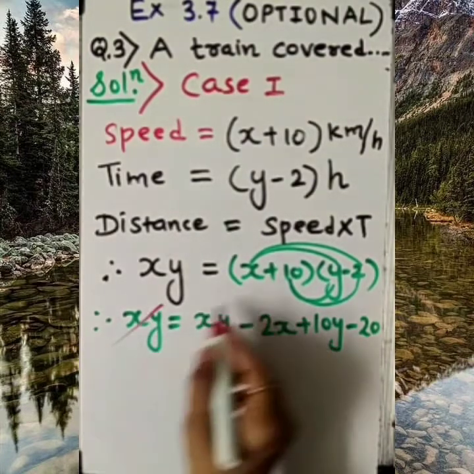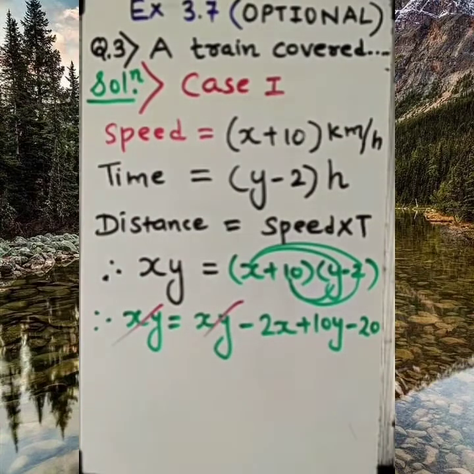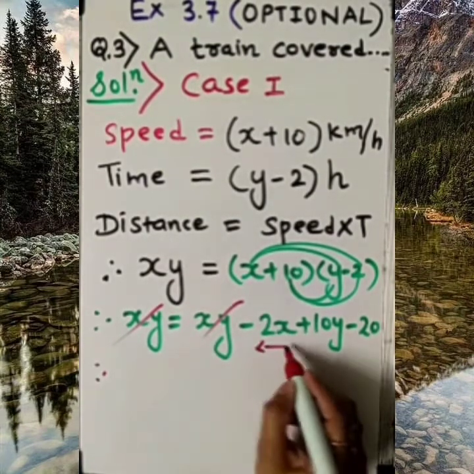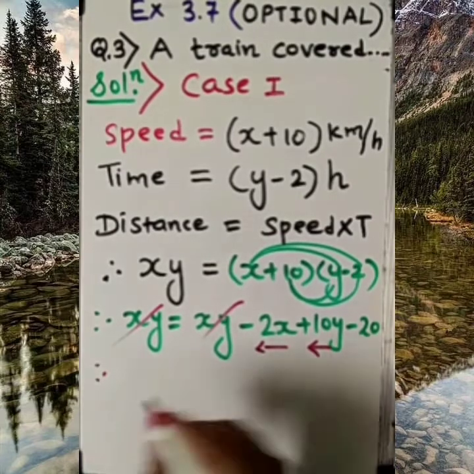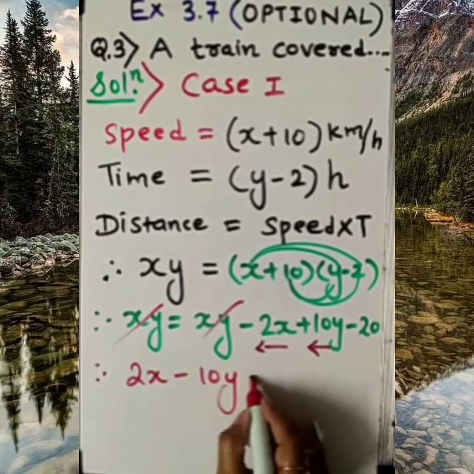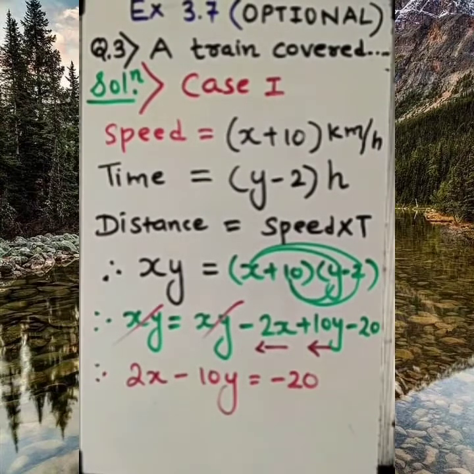If not, just bring it to the left side, so it becomes minus and will also be cancelled. Now I'm bringing this minus 2x to this side and plus 10y also to this side, so the signs will change. Our equation will become 2x minus 10y equals minus 20.